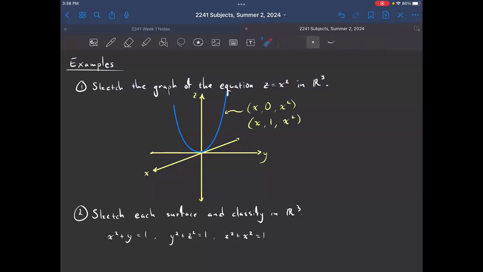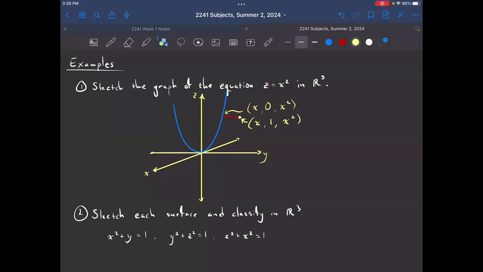And because the y coordinate does not show up in this equation, this also is a solution. This is that point translated 1 in the y direction. Now I get a point right here. Okay, that's that point.